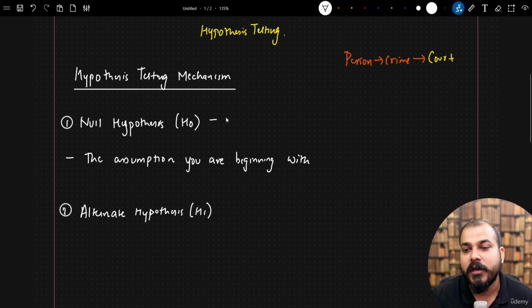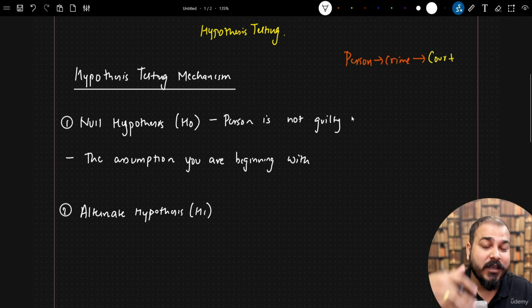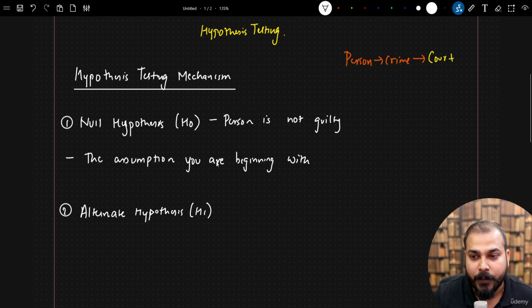So by default the person is not guilty, until proved. That is how it actually happens in court. So what is the default assumption? What is the assumption you take in the beginning? That we have to write over here.